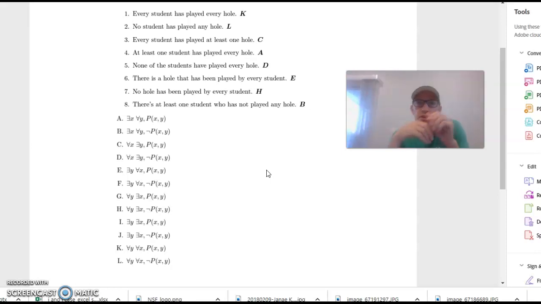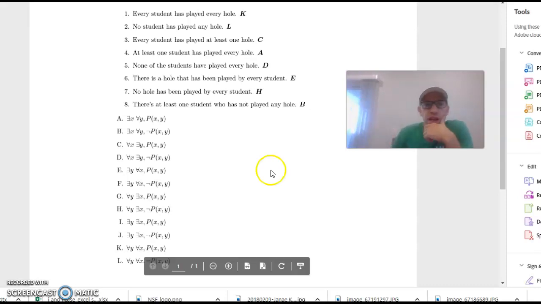For any student you choose, there exists at least one hole that the student has played. So we want to look for every student. So that should be a for every. Here's a for every student. There exists a hole such that the student has played the hole. Every student has played at least one.